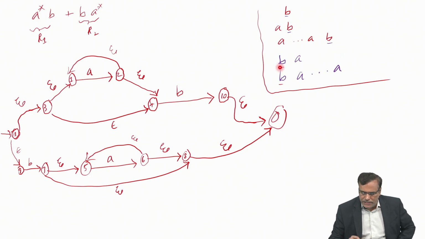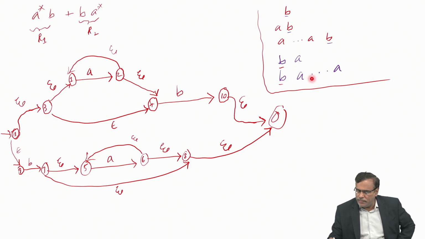If I take, say, ba, this is the path you have to follow, because from the start state you come across b, and then a single a, and via epsilon transitions it reaches the final state. If you concatenate the symbols along this path, it generates b followed by a.